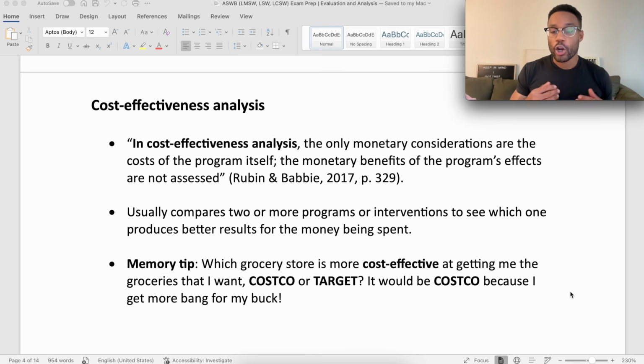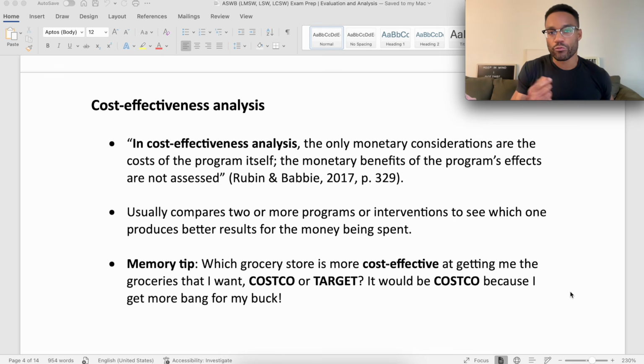And remember, cost effective. What's more cost effective? So, the memory tip I have for us: which grocery store is more cost effective at getting me the groceries that I want, Costco or Target? It would be Costco because I get more bang for my buck. For those who aren't familiar, Costco, think of a bigger grocery store where you get bigger items for an overall cheaper price compared to Target where those same groceries could just be more expensive.